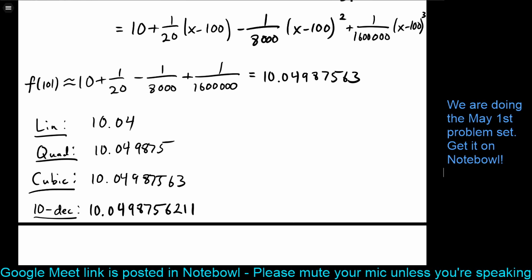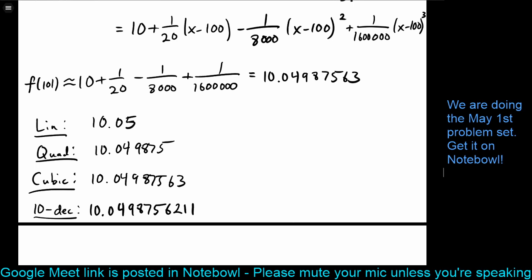So compare these different approximations. Oh, sorry, the linear isn't 1004, it's 1005. But still, that's not that far off.